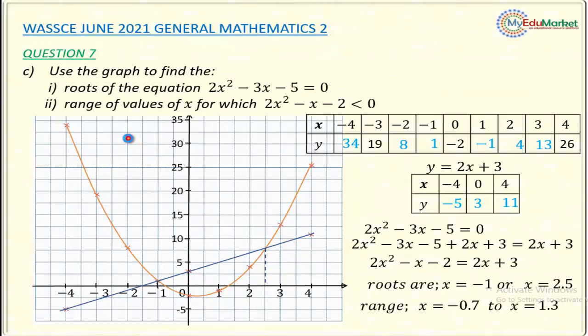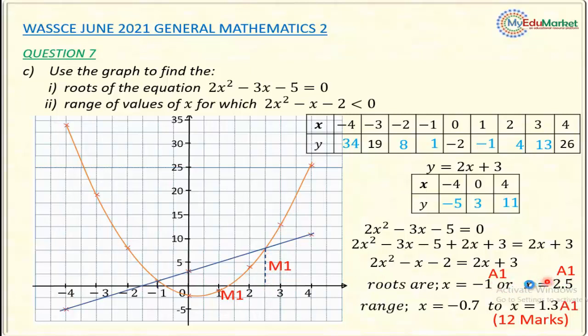And for answering those questions, meaning determining the roots of 2x squared minus 3x minus 5, this is the mark distribution. The first mark is the method mark, where you attempt to read the point of intersection of the curve and the straight line. So attempting to read the point of intersection here and here, you have a method mark there. And for the answers accurately, the -1 here, you have A1, and the x of 2.5 here, you have another A1.